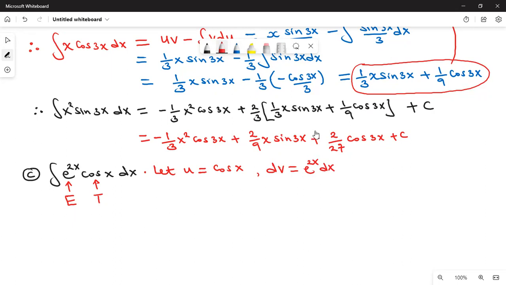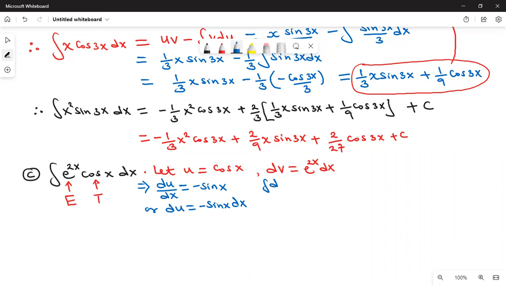Now differentiate u and integrate dv. So we are going to differentiate, du dx. When you differentiate cosine, you get negative sine x, or make du the subject, so du will be equal to negative sine x dx.